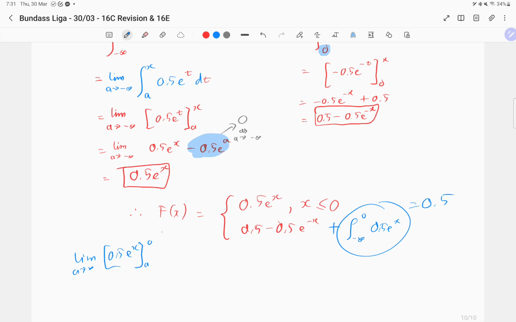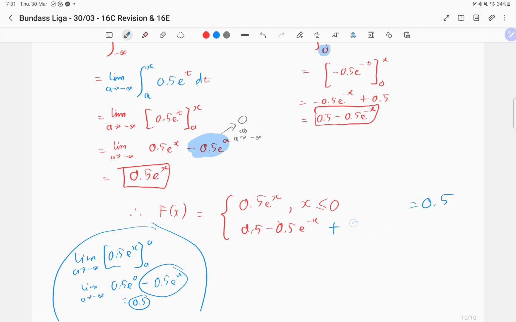So that would be the limit of a to negative infinity of 0.5 e to the power 0 minus 0.5 times e to the power a. And once again, this one becomes 0, so that will just be 0.5 times 1, which is 0.5. Yeah, so if you actually work that out, it will still be 0.5, but we can reason that out to be 0.5, so the answer would just be that plus 0.5.